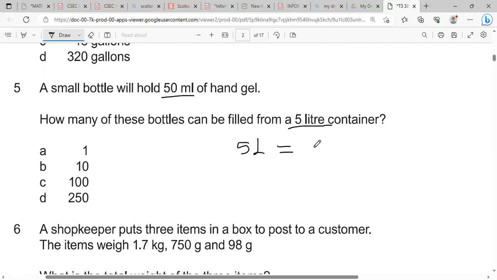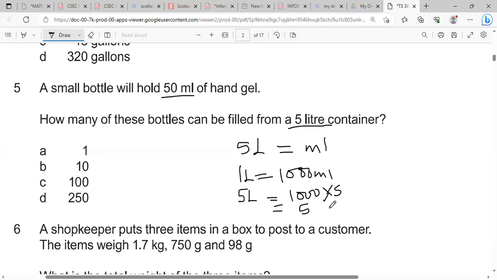We have to remember that 1 liter makes 1,000 milliliters. So 5 liters is 1,000 multiplied by 5, which works out to 5,000 milliliters.